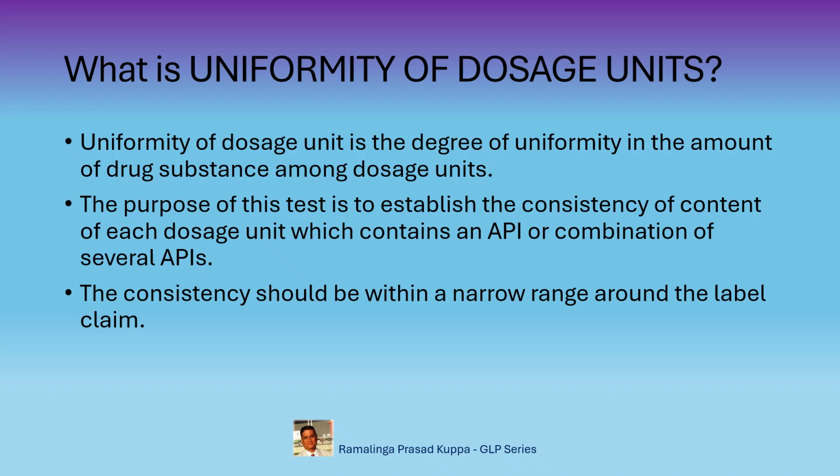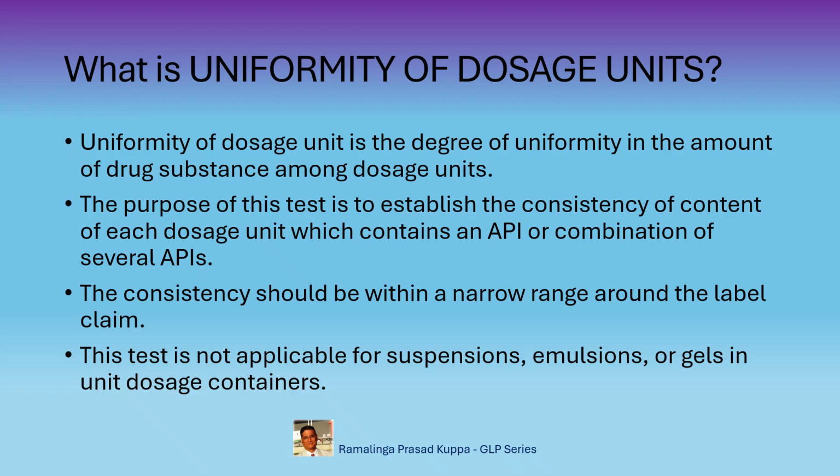The consistency should be within a narrow range around the label claim. The narrow range is not an arbitrary value set by the manufacturer. It is derived by the statistical methods.